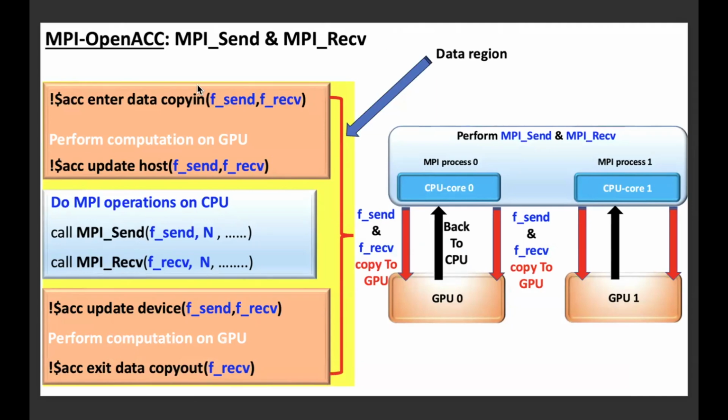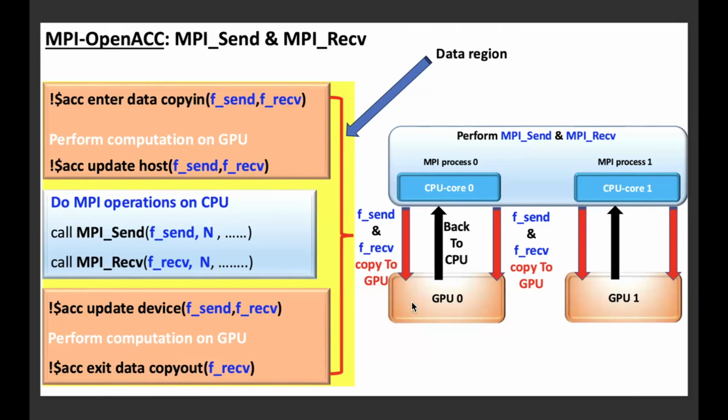This data region is determined by the directives enter data and exit data. We have some vectors here. When the compiler encounters this syntax, it will generate code that will copy data from the CPU to the GPU.